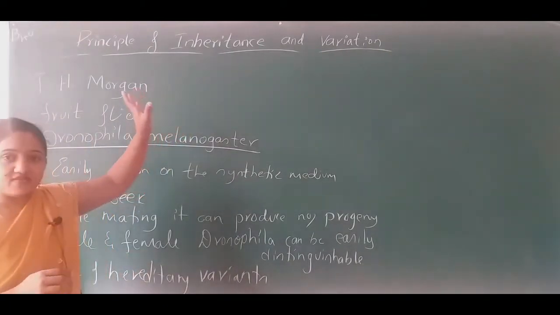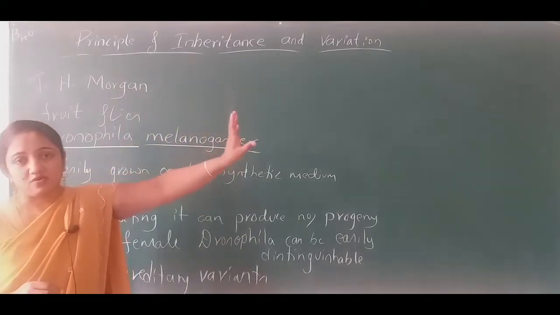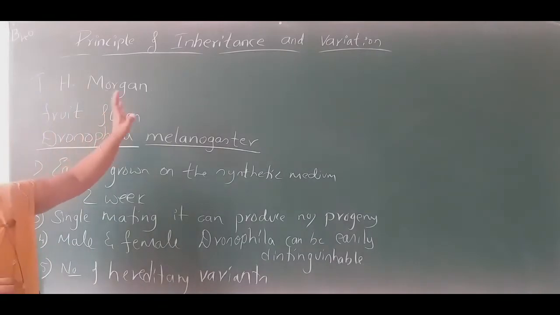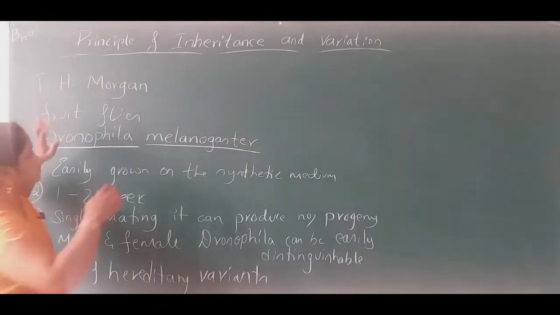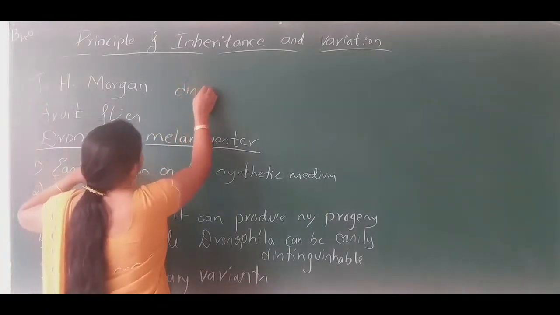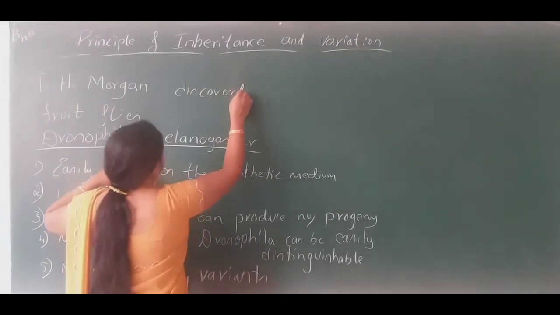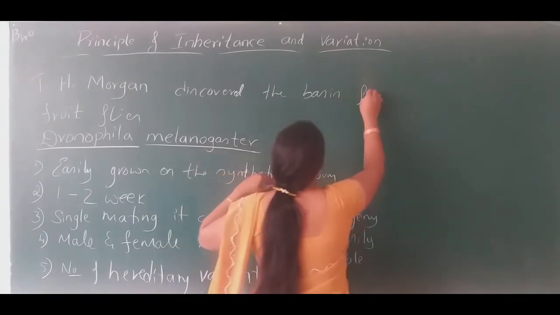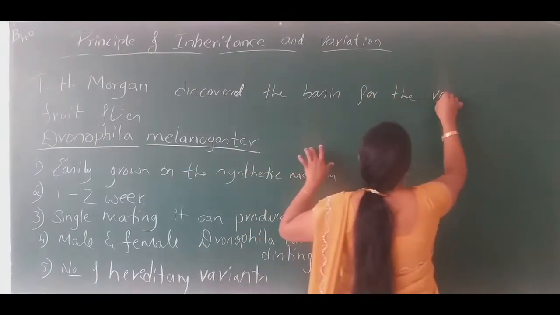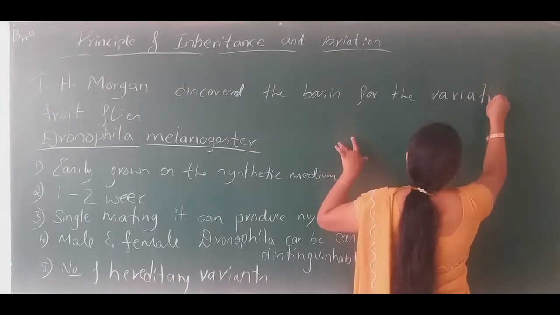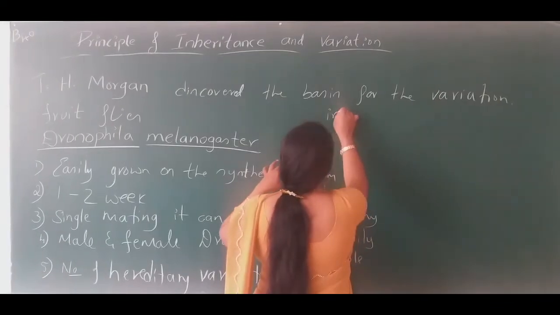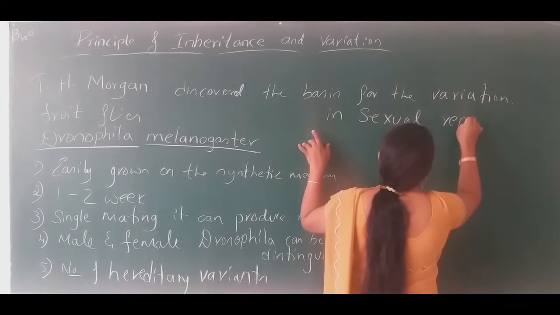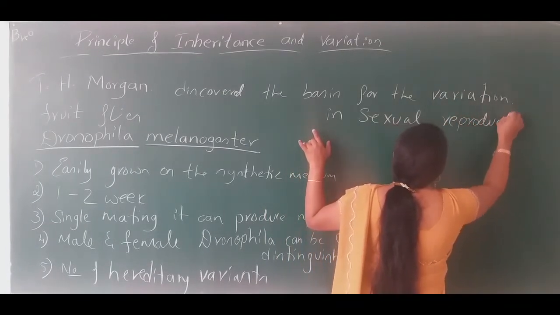But following those principles and that knowledge, Morgan discovered the basis for the variation that occurs in offsprings in sexual reproduction.